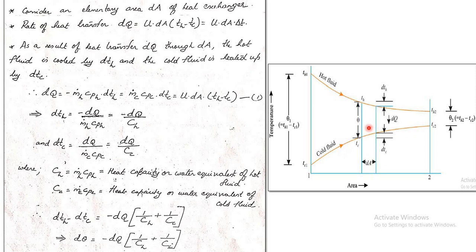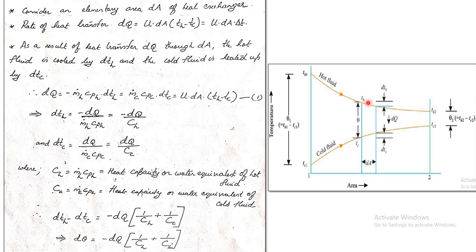So through this elementary area, the rate of heat transfer is dQ. That is equal to U dA (Th minus Tc), where Th and Tc are the temperatures of the hot fluid and cold fluid on the elementary area.